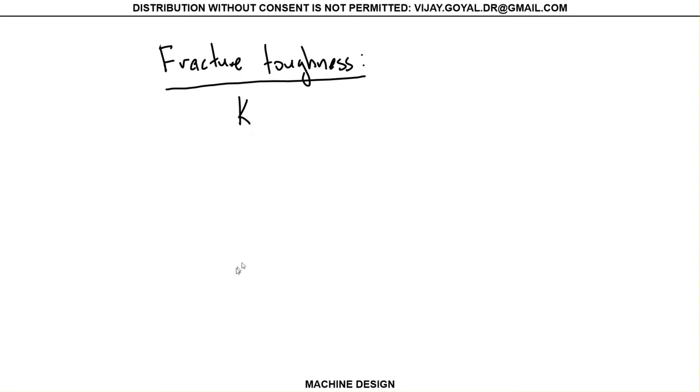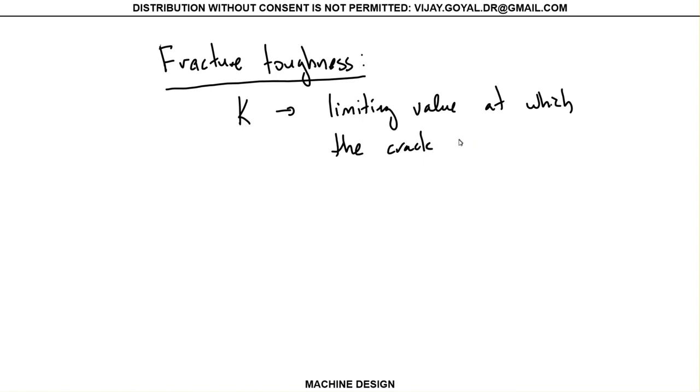This factor actually tells me the limit value of K necessary for my crack to start to propagate. So this tells me the limiting value at which the crack will propagate.